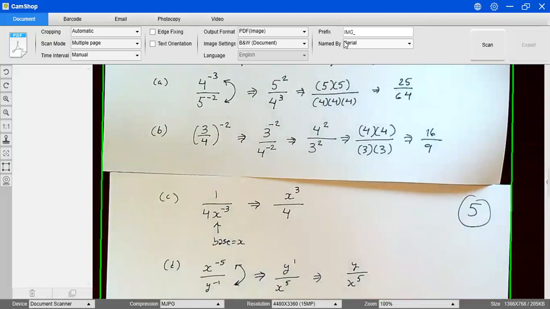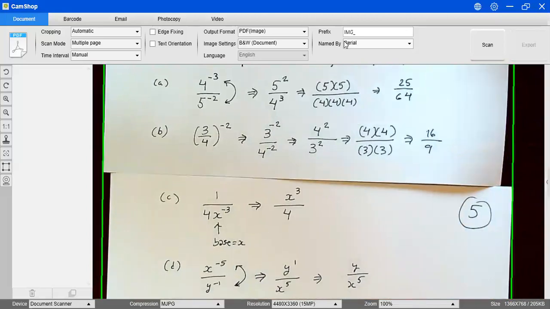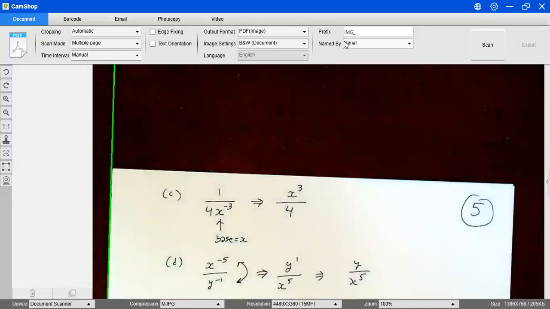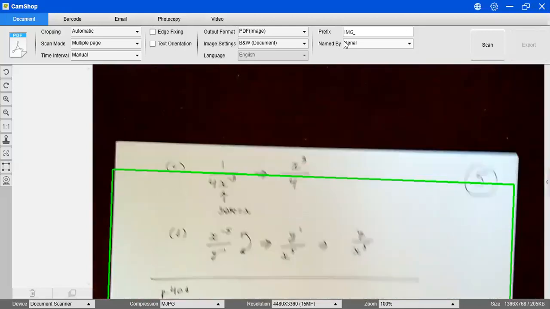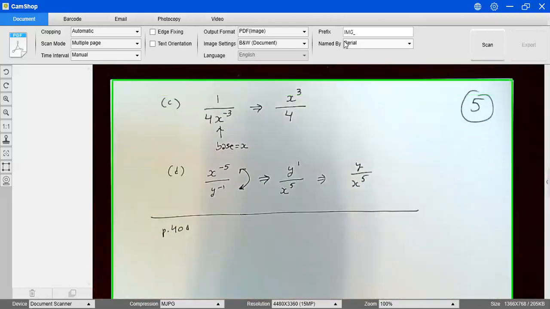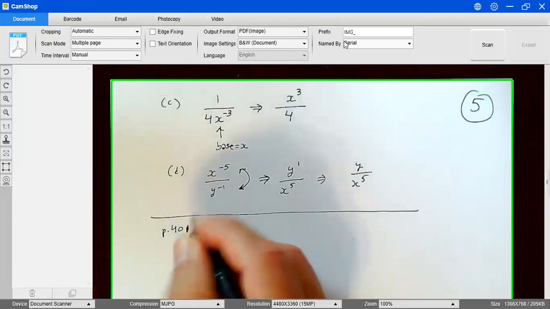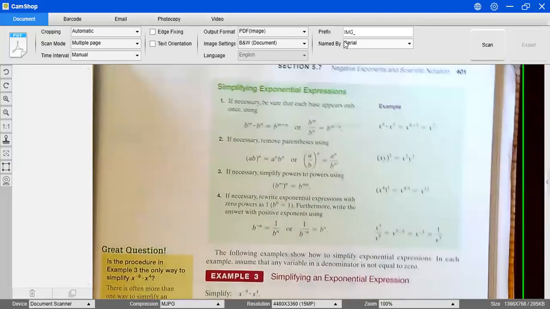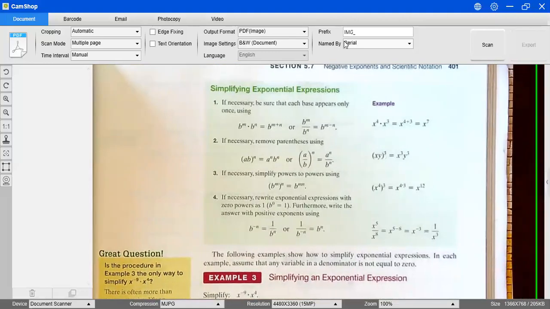So now, before solving the next example, I'm going to show you that there is a table. There is a green box on page 401 that summarizes all the rules of exponents that we have been using so far. So it's good if you take a screenshot of this green box.